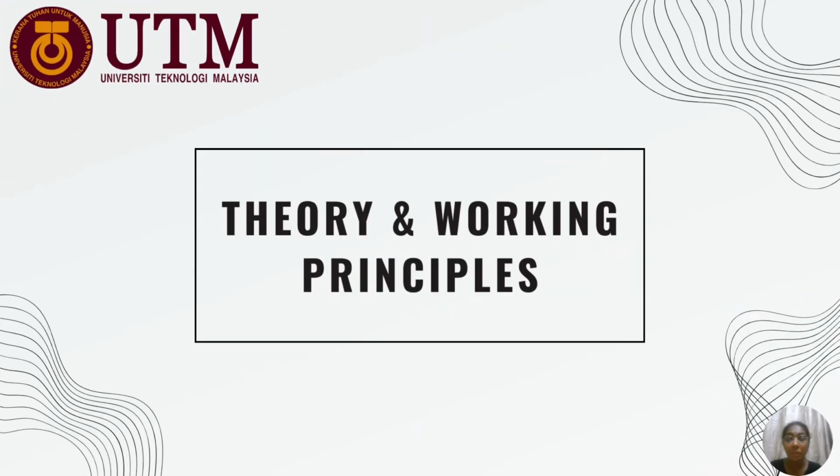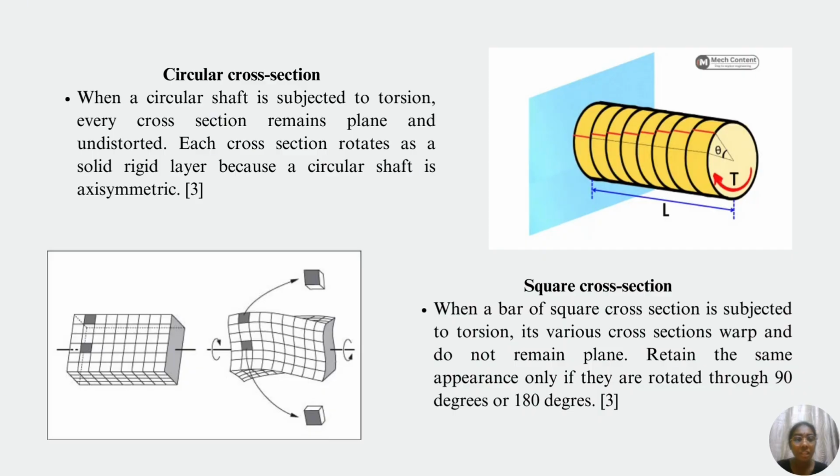Next, I will talk about the theory behind this experiment. When we talk about torsion of bar, there are a variety of cross-sections of shaft involved. There are two main cross-sectional shapes, circular cross-section and square cross-section. When a circular shaft is subjected to torsion, every cross-section remains plane and undistorted. In other words, while the various cross-sections along the shaft rotate through different amounts, each cross-section rotates as a solid rigid layer.